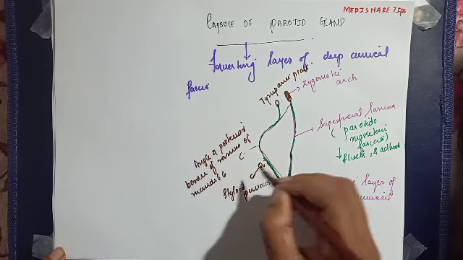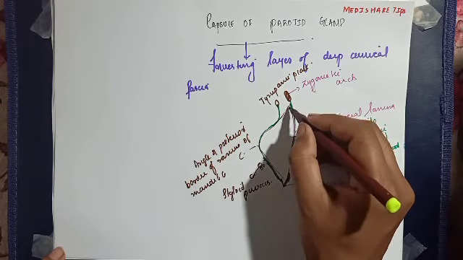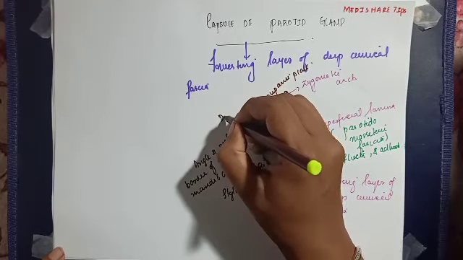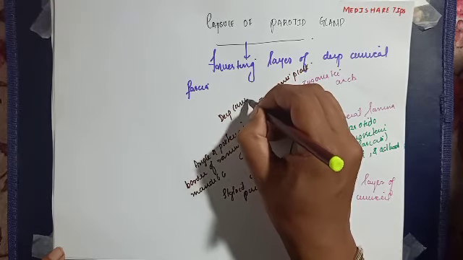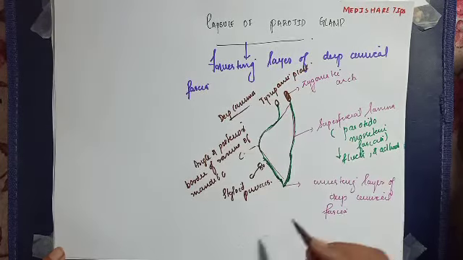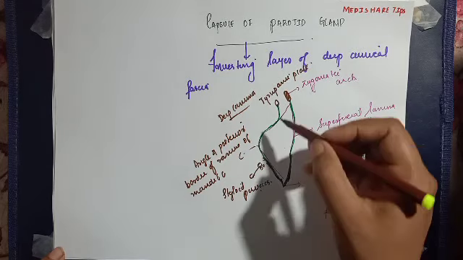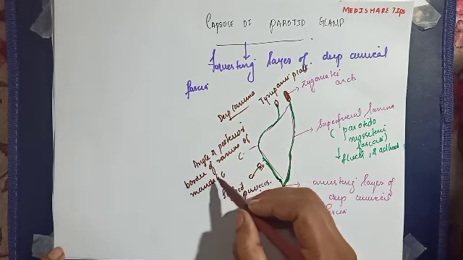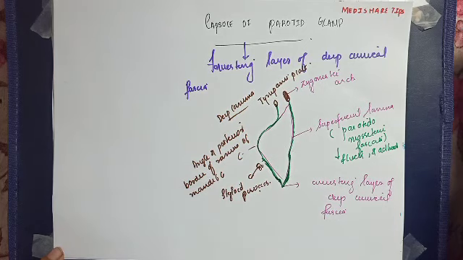So what I have drawn here, this much part is the deep lamina. So the deep lamina is attached to these three structures, that is to the styloid process, to the tympanic plate, and the angle and posterior border of ramus of mandible.